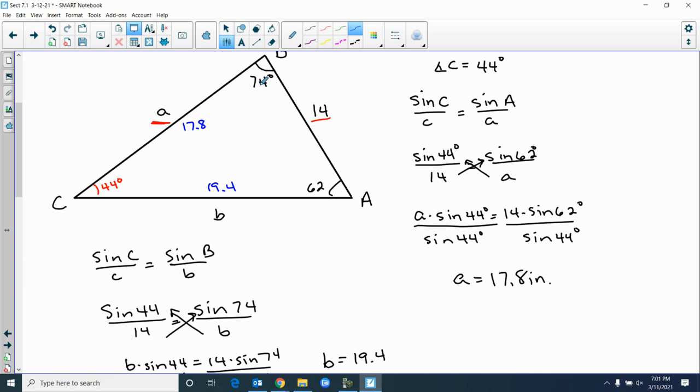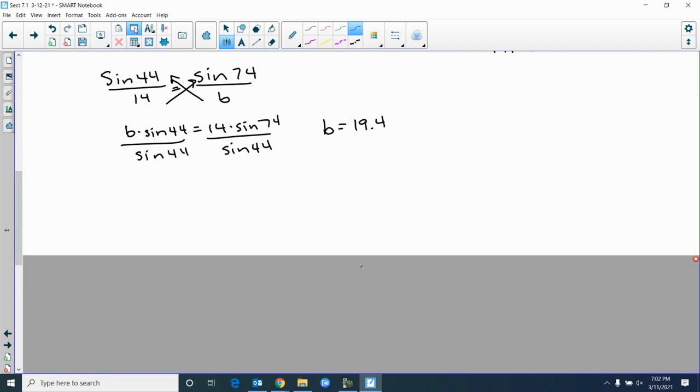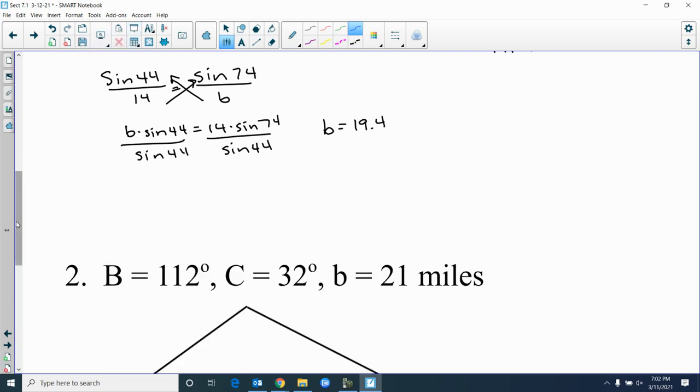So that's the biggest angle, 74 degrees, 19.4 better be your biggest side. 44 is our smallest angle, 14 better be our smallest side. And then 17.8 is going to be in between the two, which means 62 is going to be in between there. So that's always a double check, just making sure you didn't make a careless error. All right, that was that first one there.